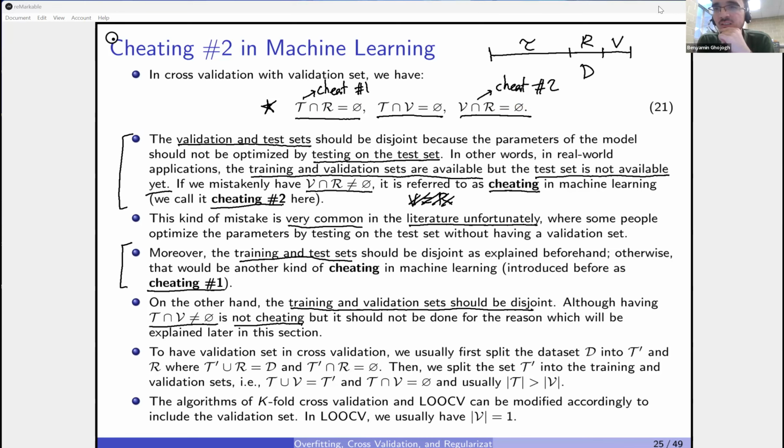But later it might perform awful when it is deployed. Okay. Or when somebody reads your paper and understands that you have cheated.